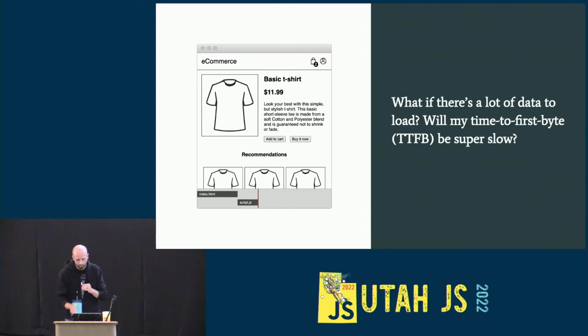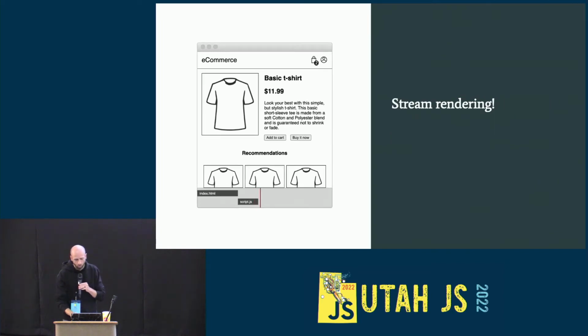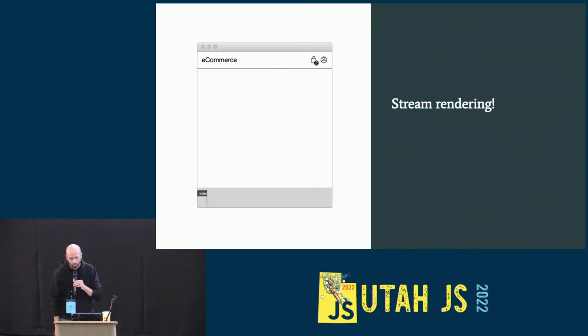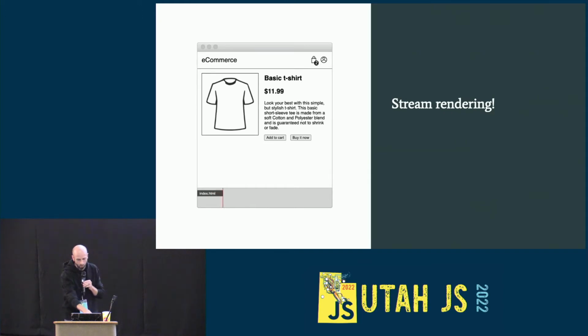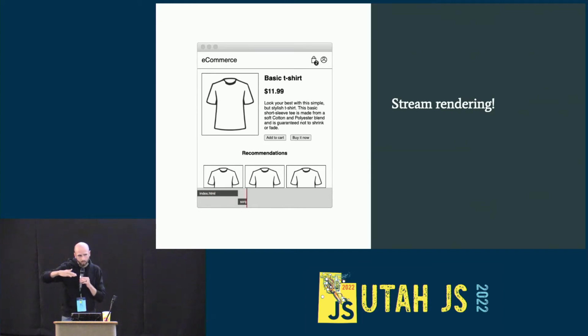Interesting trade-off. Okay, this is solvable with stream rendering. If we watch this process on the left, there's only one request to index.html, but notice as index.html is loading, content is loading on the page. We start with the header, then the product details load, and then eventually the recommendations load as well.